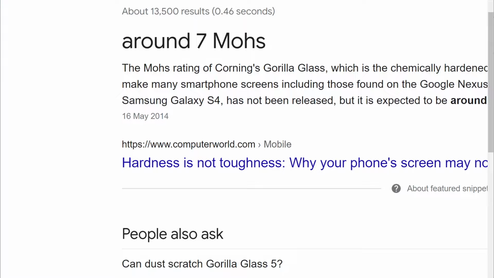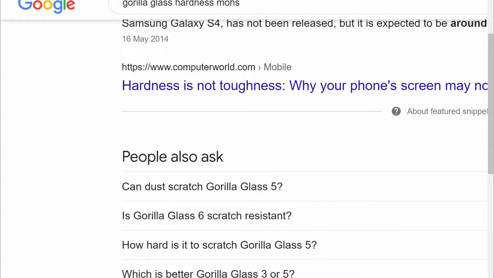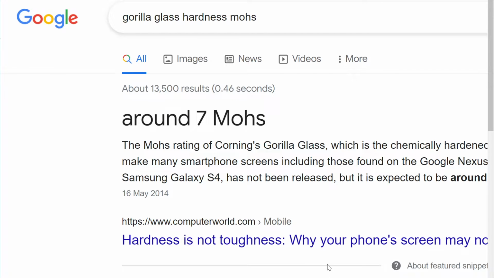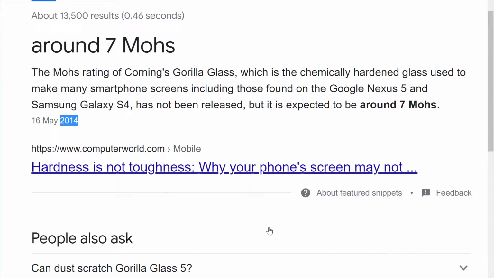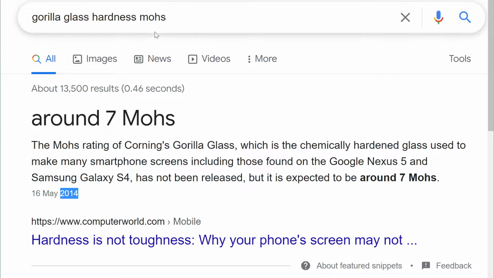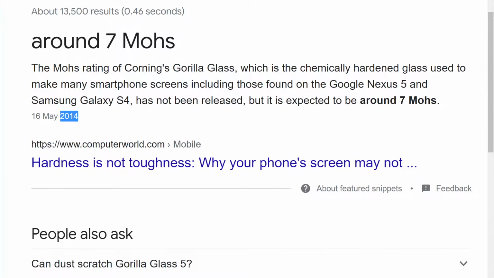Yeah, I don't like it saying around 7, just because it's not released is the reason. But we're talking about Galaxy S4, so this is really old. Okay, yeah. In that case, I'm more inclined to say, I don't even know which Gorilla Glass that is.